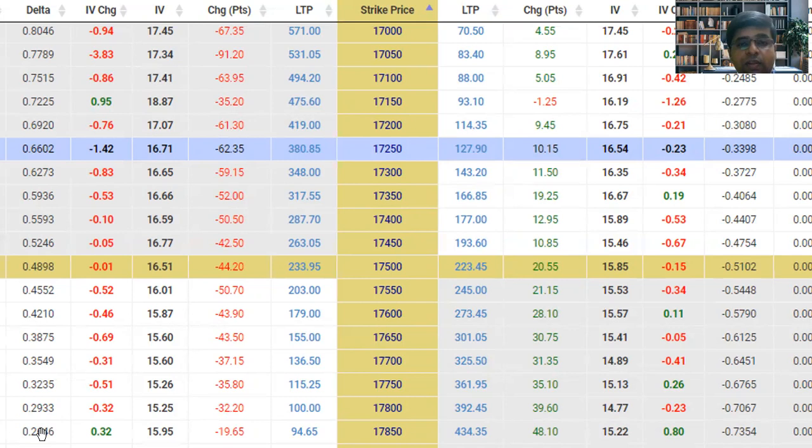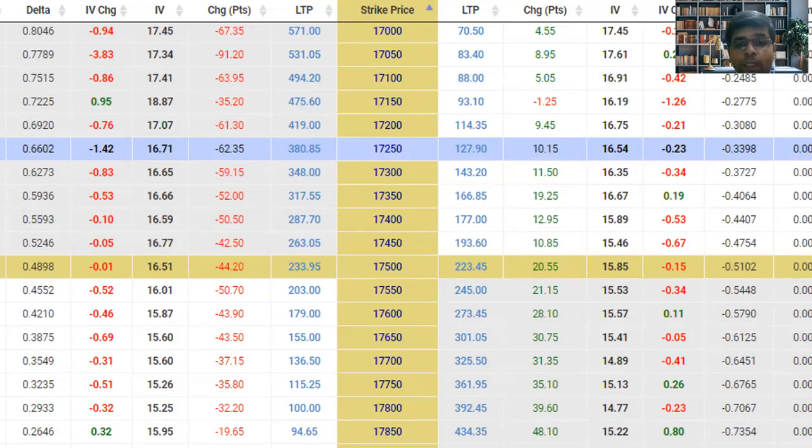So in case somebody wants to do a short strangle, it is recommended that the person sell a put option of the 17,100 strike price and at the same time sell a call option of the 17,850 strike price. The delta of this portfolio will be zero. He can simultaneously select another strike price of put option and call option depending on his risk appetite in order to keep his delta position neutral.